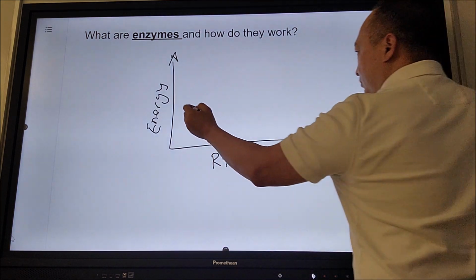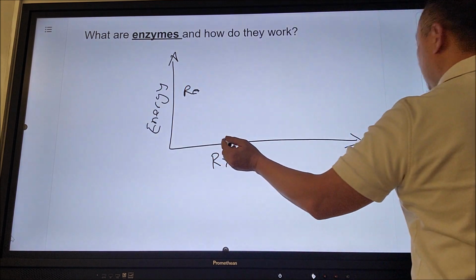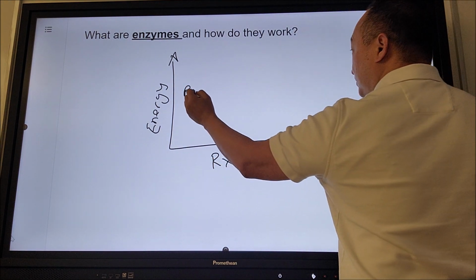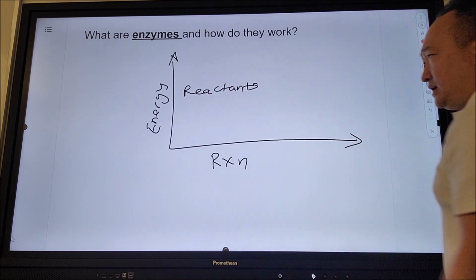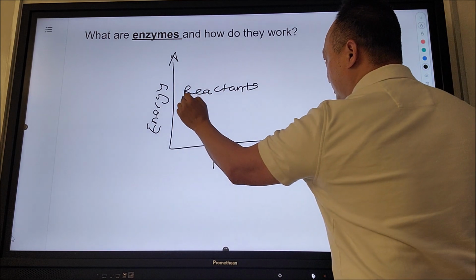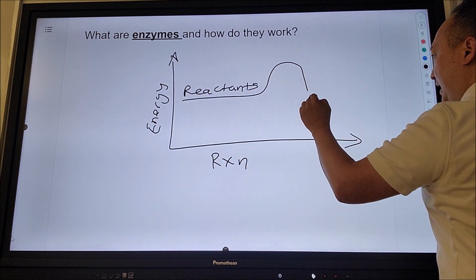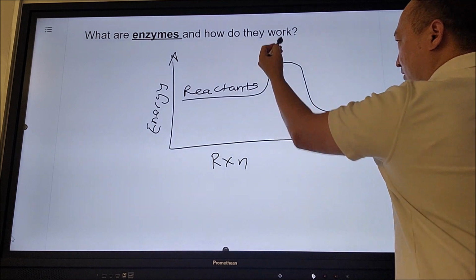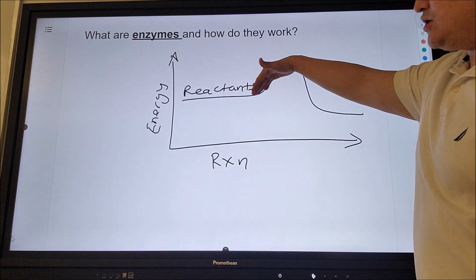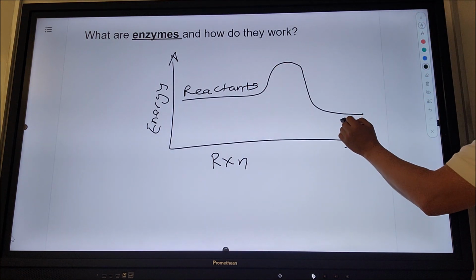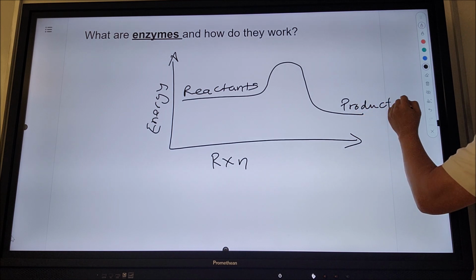We're going to give the reactants, that's the beginning substances, a certain amount of energy, and they need a certain amount of energy to proceed into the products, to turn into the products.